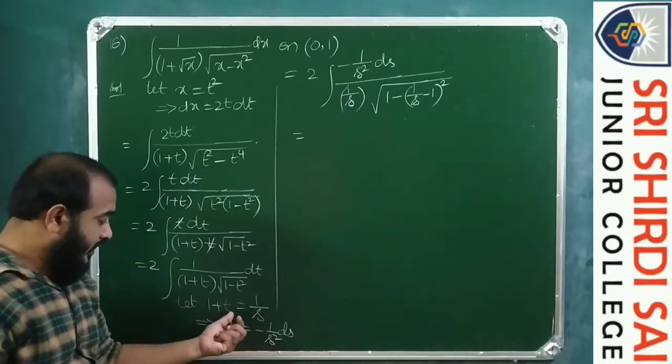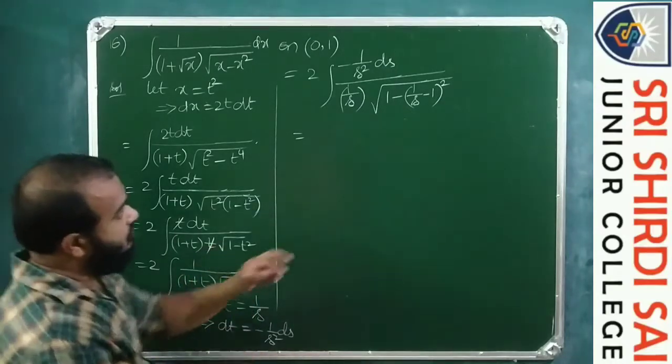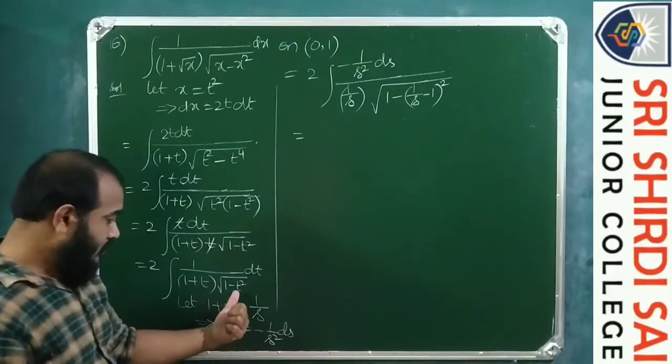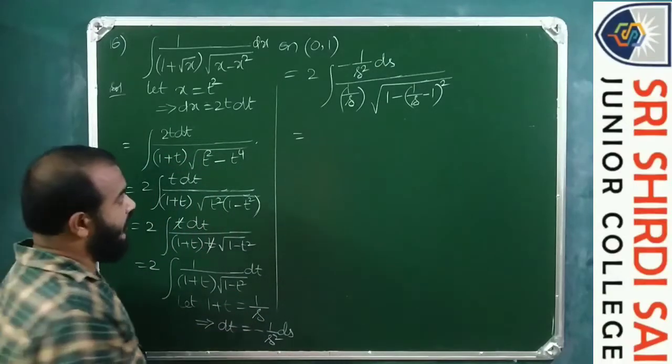So t square is 1 by s minus 1 whole square.